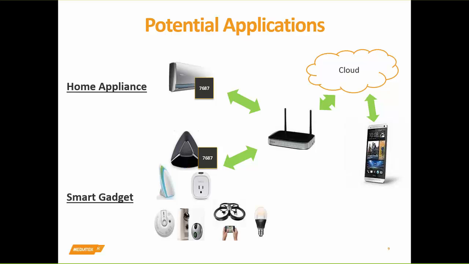The kind of applications we envisage based on 7687 are connected home appliances like air conditioning units or washing machines, but it could also be smart gadgets like drones or light bulbs, or anything that needs Wi-Fi enabling. Then you can connect it through your broadband router to the cloud and control it via your smartphone, as an example.